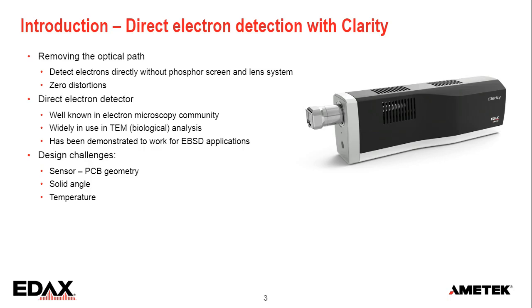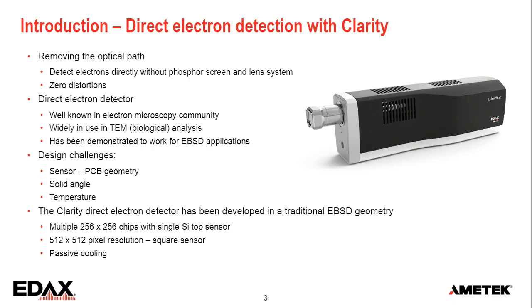Now, on the Clarity, we have designed a system in the traditional EBSD geometry, so you can just mount it on the normal EBSD port on your scanning electron microscope. It is a multi-chip system with a single top sensor.